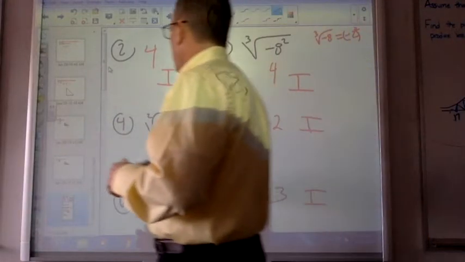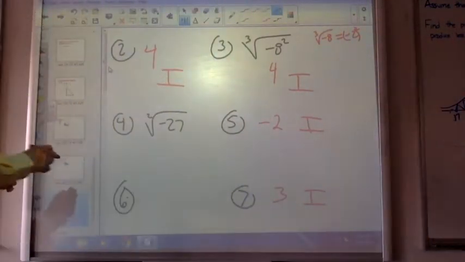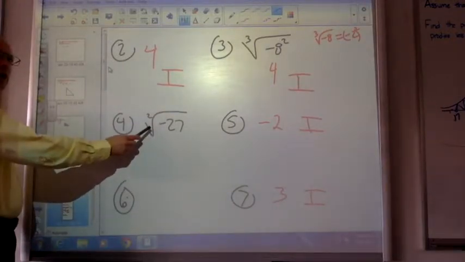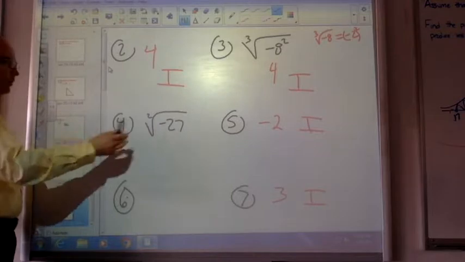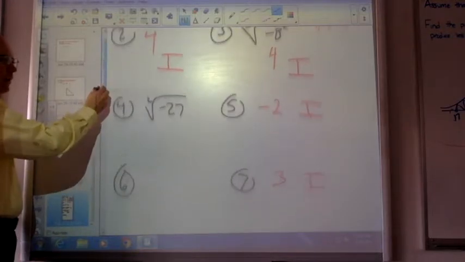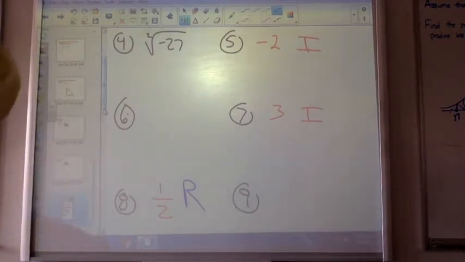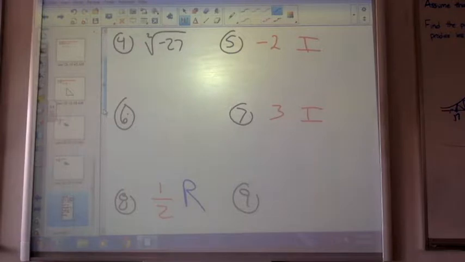Okay? So, let's find what are irrational numbers. Can I have the square root of a negative? Nope, so this is not going to fall into that category. Number 6, the third root of 16. Is 16 a perfect cube?